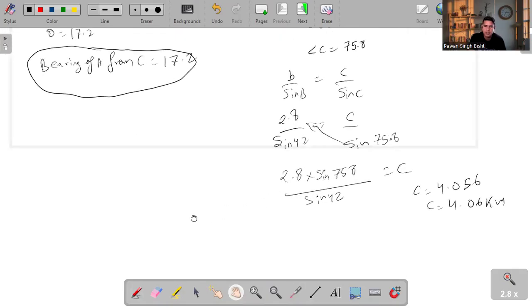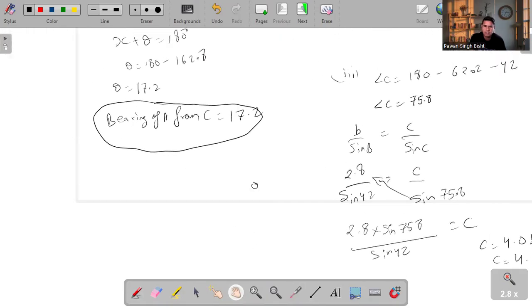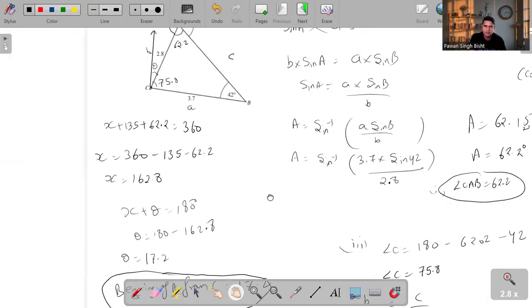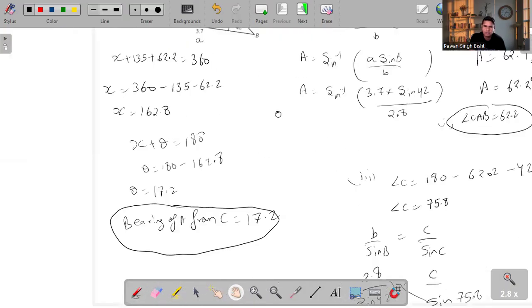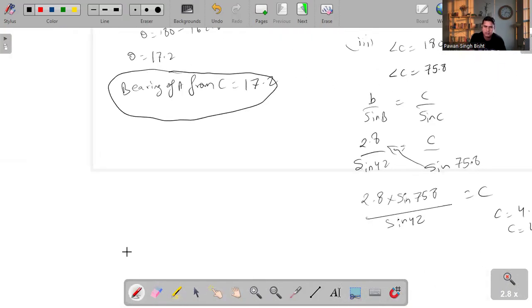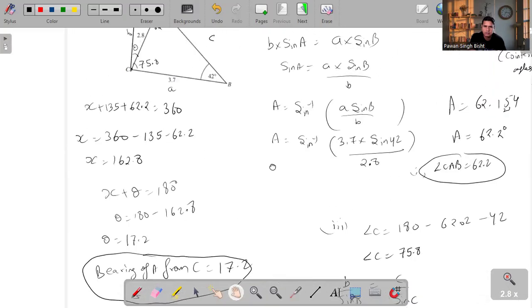Right? So I got a, I got b, I got c. So you have to find the total length of the route. So total length, add all the sides. So a plus b plus c, the sum of all the sides will be the total length of the route.